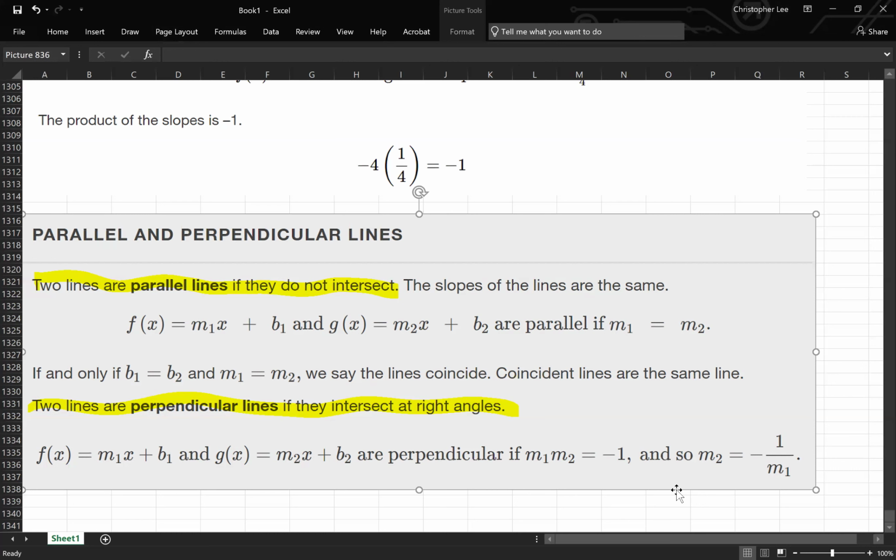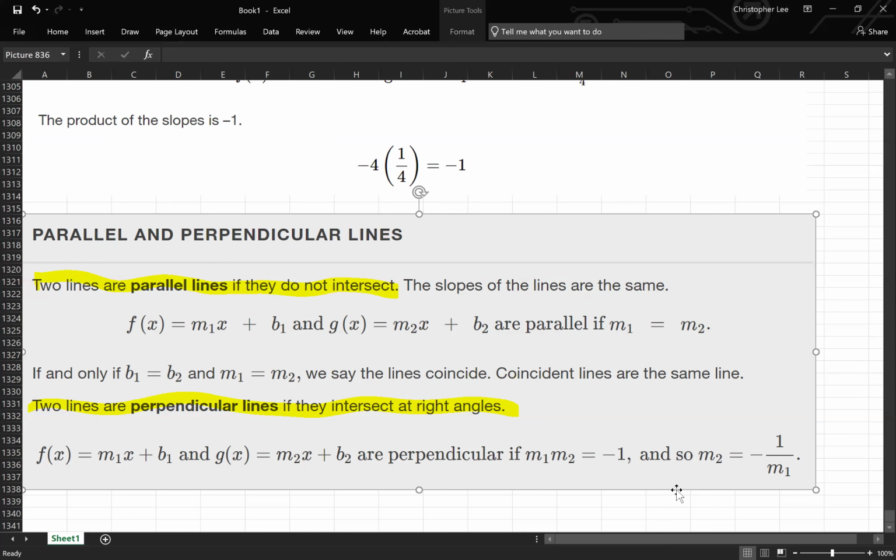If b1 is equal to b2 and m1 is equal to m2, we say the lines coincide, they are the same line.